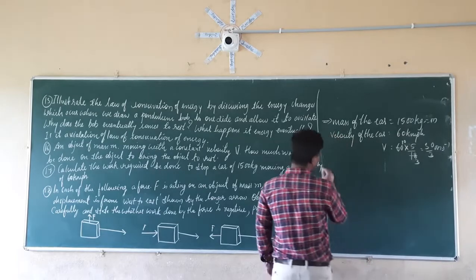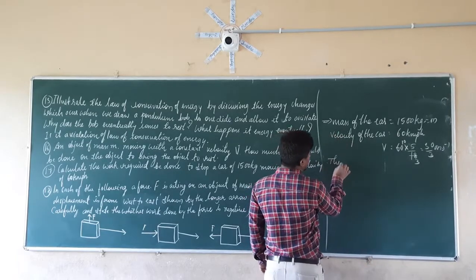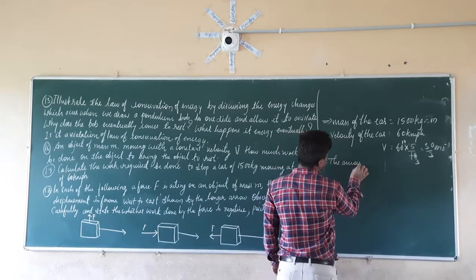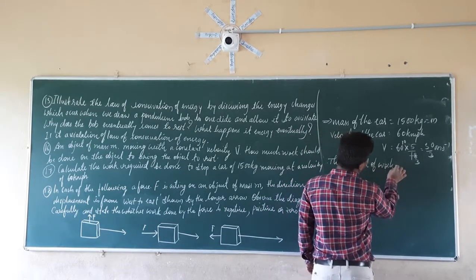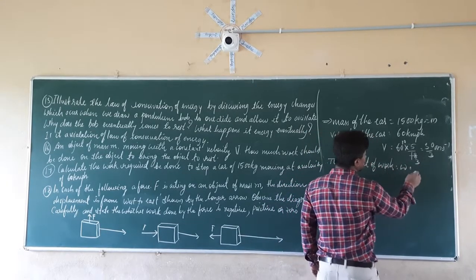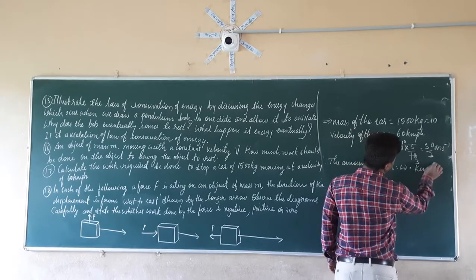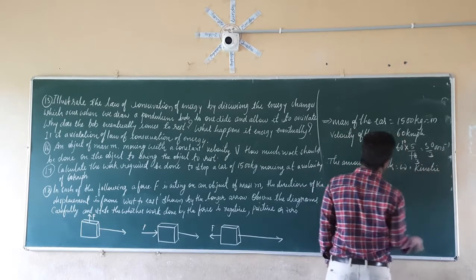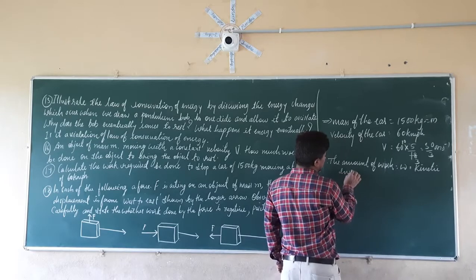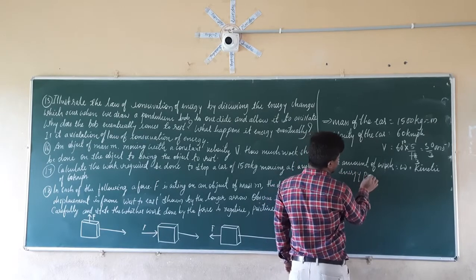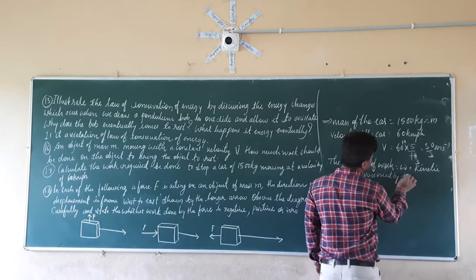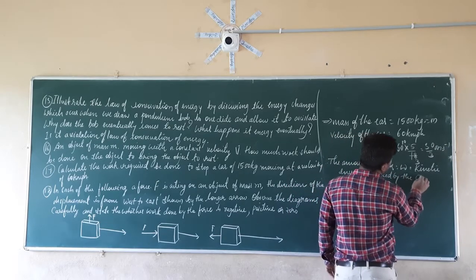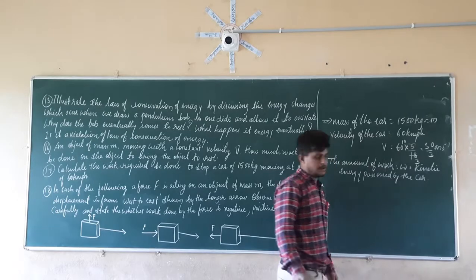So what we have to calculate is the amount of work. The amount of work W is equal to the kinetic energy possessed by the car or vehicle.